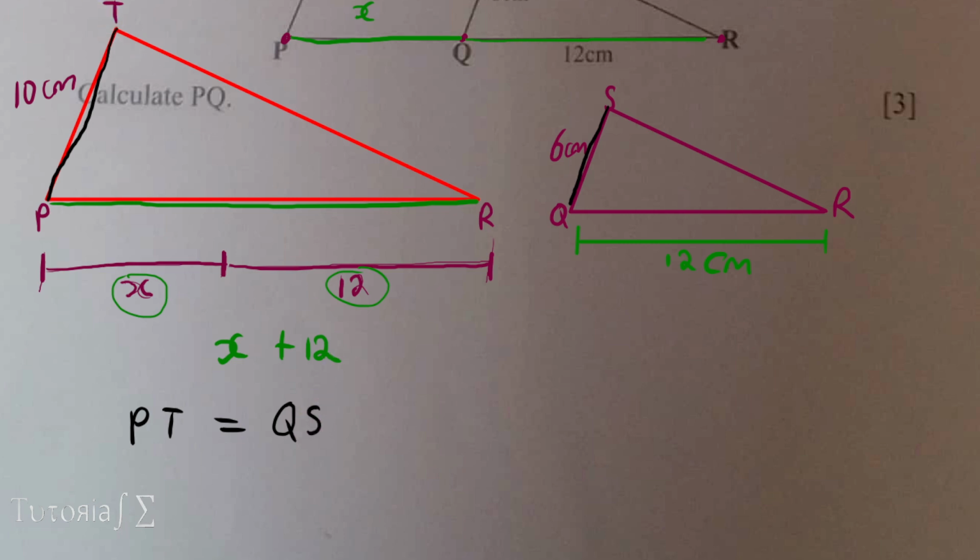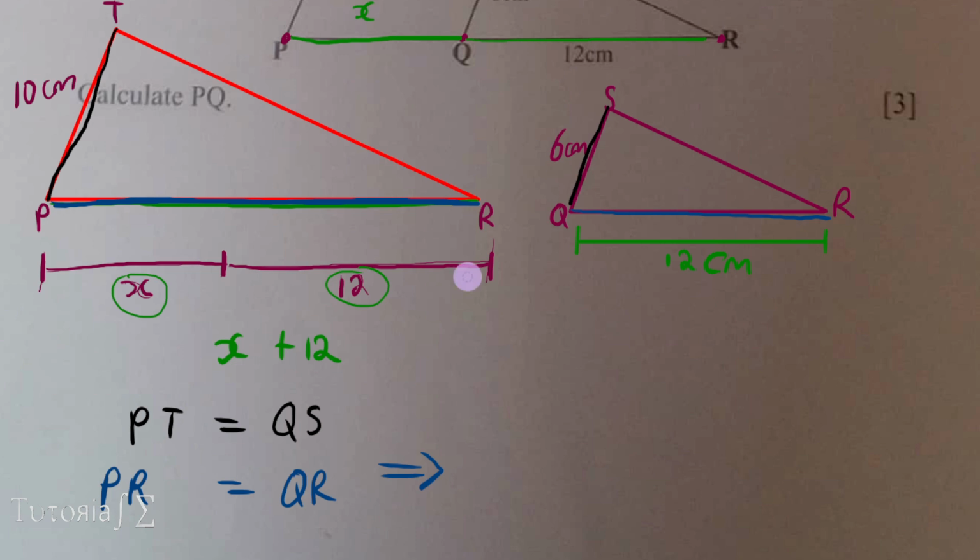Let's pick another side that is similar. So we say this side, which we know the length of, PR, is similar to QR right here. And we can now put in the values.